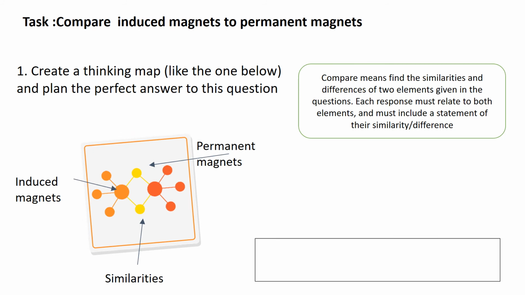And so what I would like you to do, and this is up to you whether or not you do it, I will show you the mark scheme in a minute. I'd like you to create a thinking map like the one below and plan the perfect answer to this question. I would like you to compare induced magnets to permanent magnets, and I want you to think about them in two regions.